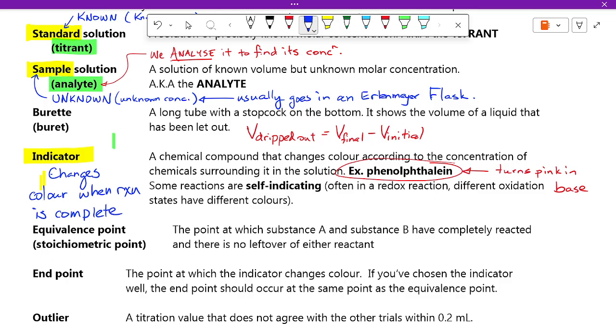The equivalence point is the point at which substance A and substance B have completely reacted and there's no leftover of either. There's no excess. Okay?